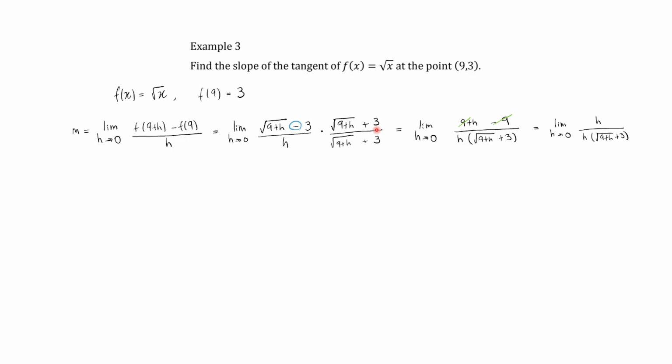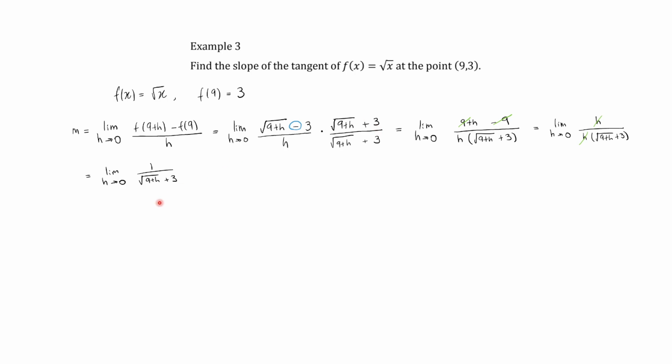So then at this stage, we can also cancel out those two h's. And this is going to result in the limit as h approaches 0 of 1 over the square root of 9 plus h, plus 3.